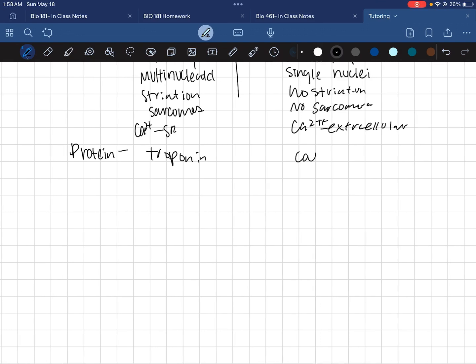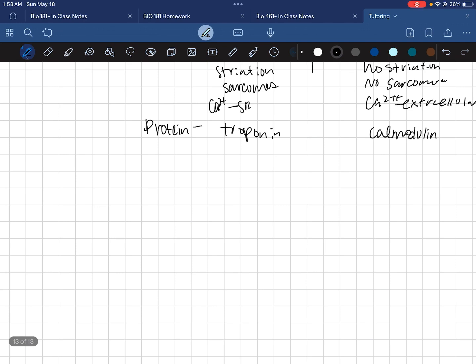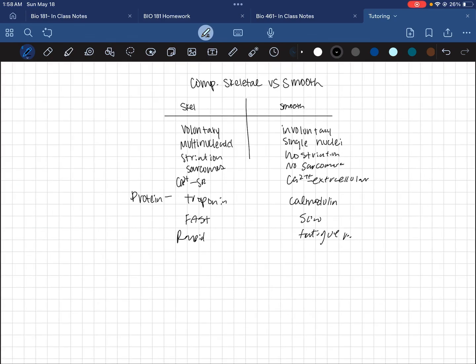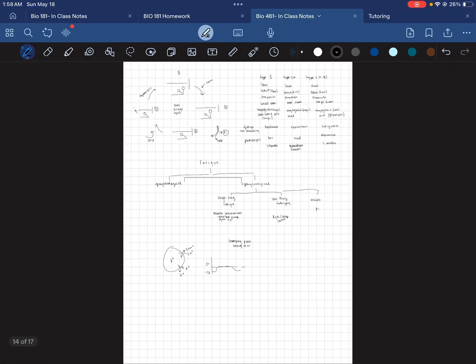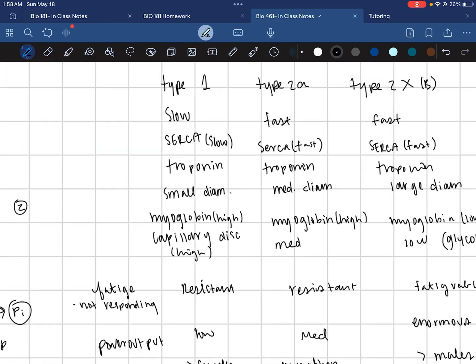And this one would be calmodulin. And then we have fast ones here, and then we have slow, and they are rapid, fatigue resistant.